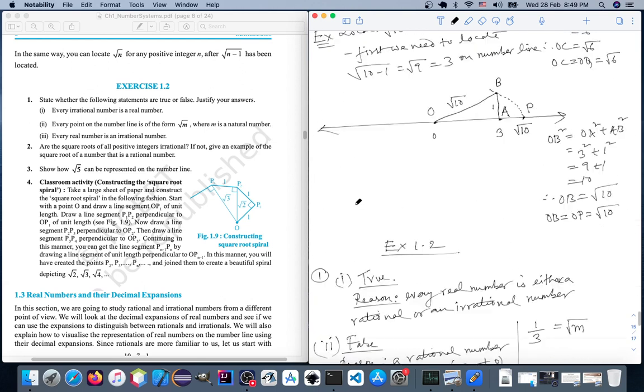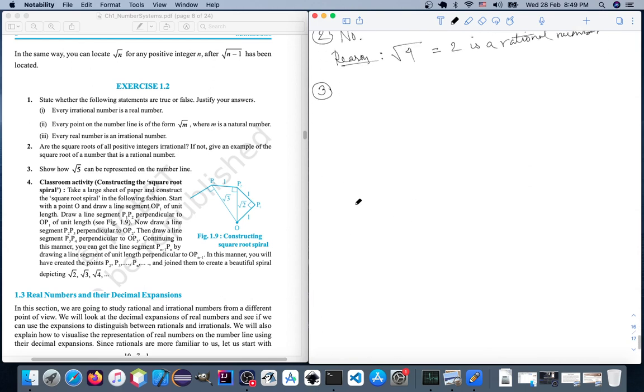Now, 4 is a classroom activity. This activity shows how to construct the square root spiral. What it does is that it continuously finds the irrational numbers root 2, root 3, root 4.